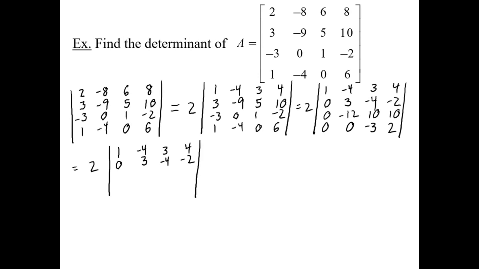I'm going to leave it alone because notice that if I just take the third row and add it to 4 times the second row, right? Multiply the second row by 4 and then add the third row, I'm going to get a 0 right where I want it. So I'm doing the second row times 4 plus the third row will be -6 and 2. And then the bottom row is 0, 0, -3, 2.